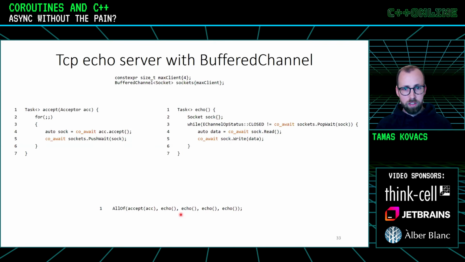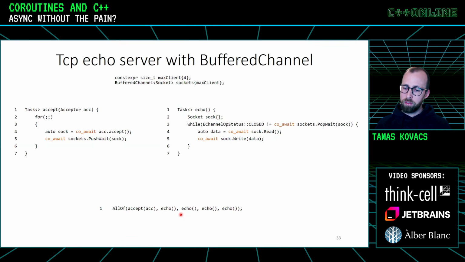So this is one solution for this TCP echo server problem. It has drawbacks and benefits. One of the benefits is that we are pre-allocating basically everything by starting this echo server, and therefore no dynamic allocation happens inside this example.